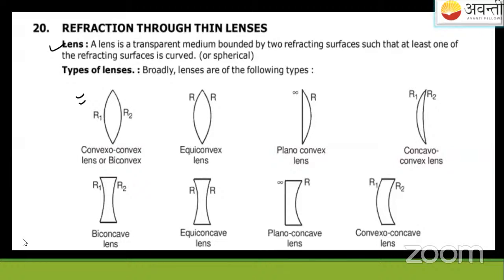We define a lens as a transparent medium bounded by two refracting surfaces such that at least one of the refracting surfaces is curved. Remember this always, or spherical.